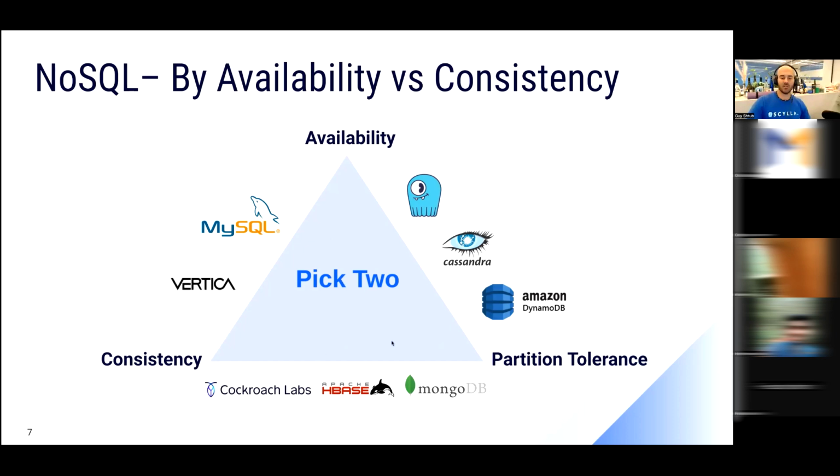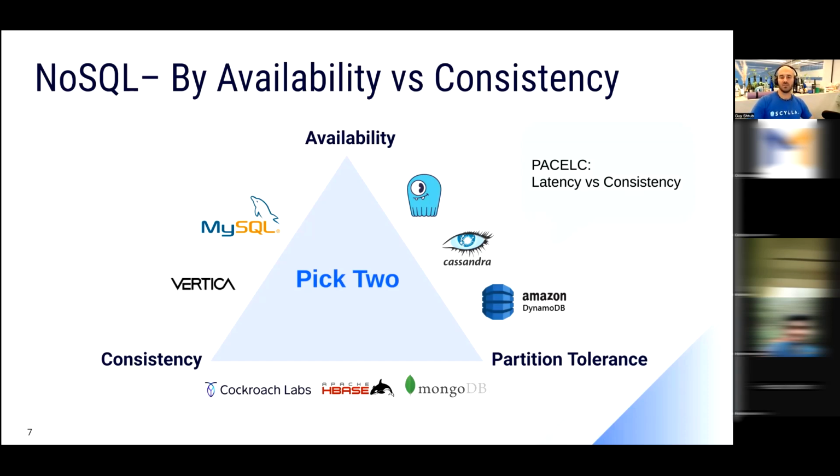There are many others, and this is just an example, but that's one way to classify NoSQL databases. The focus of my talk today will be on wide-column databases such as ScyllaDB, Apache Cassandra, DynamoDB, as well as some others.